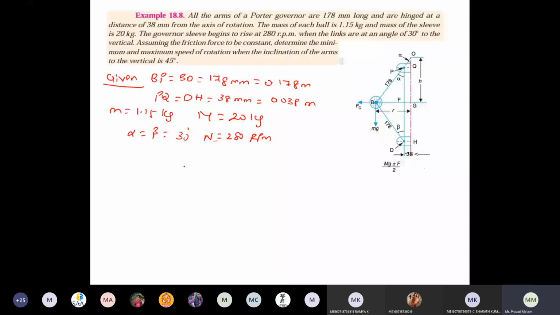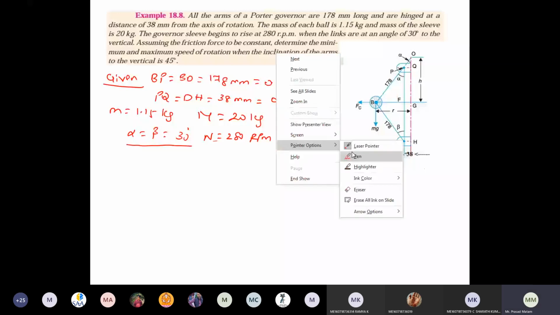From this angle, try to find out the radius of rotation R. Solve with me parallelly.